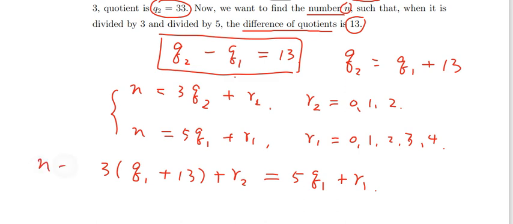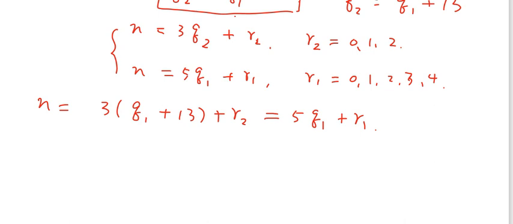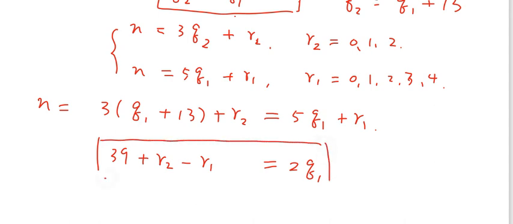So this is N, and we have this equation. We move Q1 over, so 2Q1 equals, moving the constants, 39 plus R2 minus R1. So we have this condition.